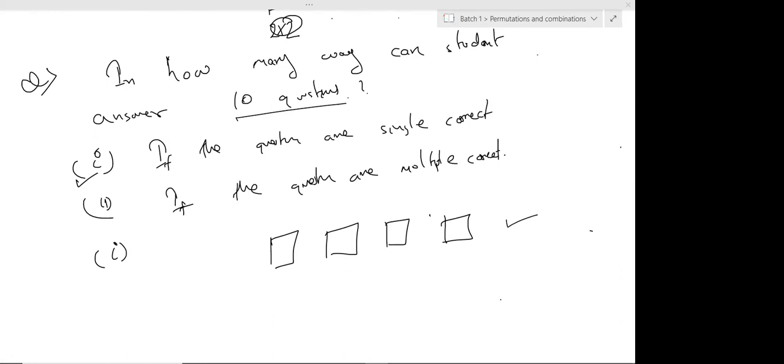I'm not asking in how many correct ways. I'm just asking in how many ways a student can answer. You can be wrong also. So in how many ways can you answer the first question? Four, right? You can either be wrong or right, but there are four options. Now four options to solve the first question. Again four ways to solve the second question, and so on for 10 questions.